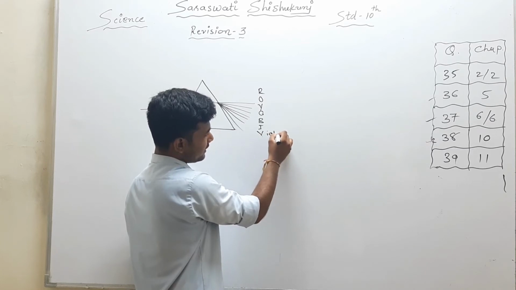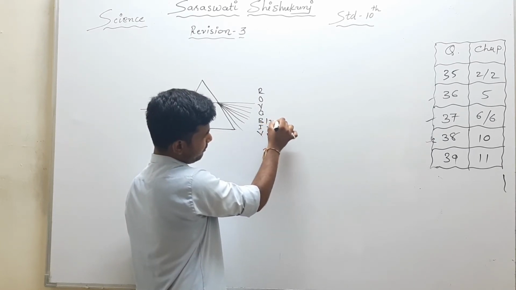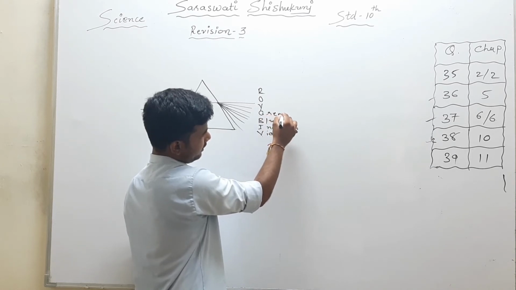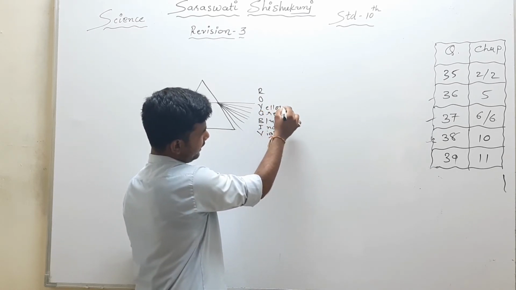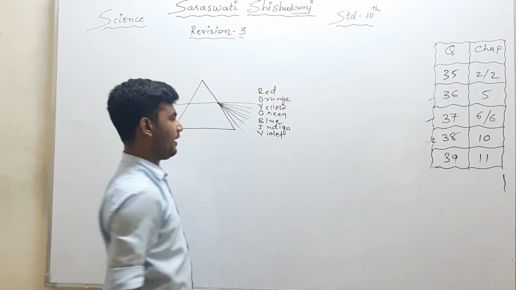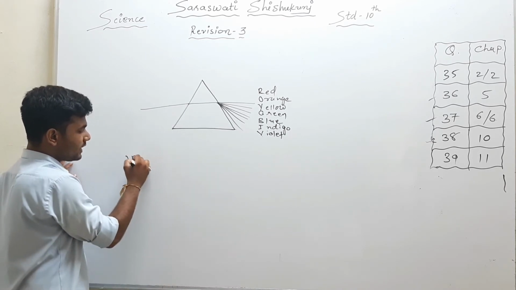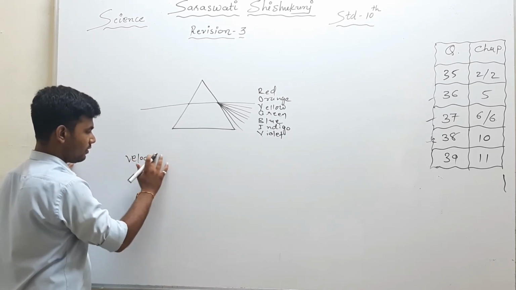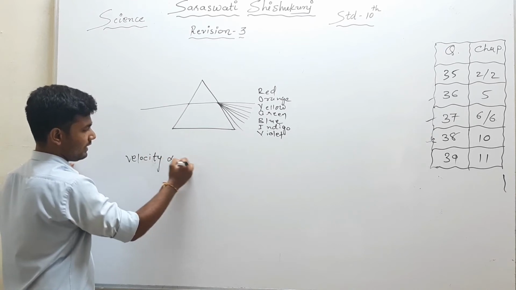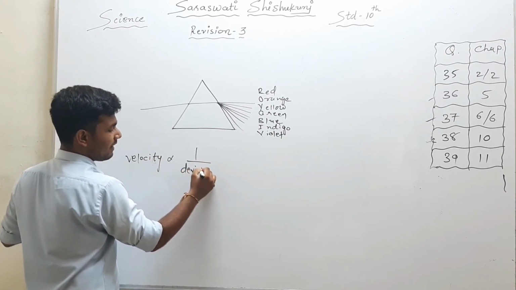Violet, indigo, B for blue, G for green, Y for yellow, O for orange, and R for red. Okay beta, one more thing which we know: more velocity, less deviation. So velocity is inversely proportional to deviation.